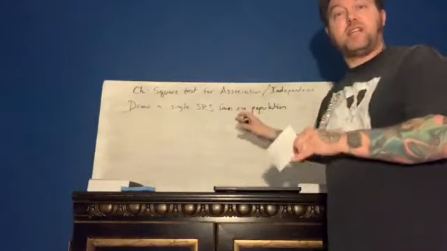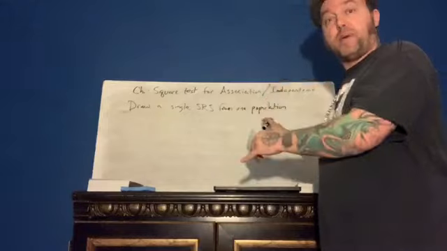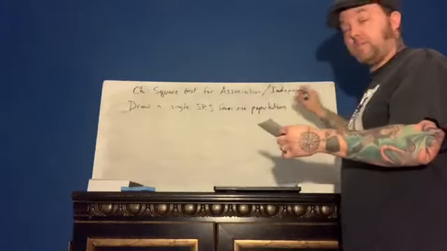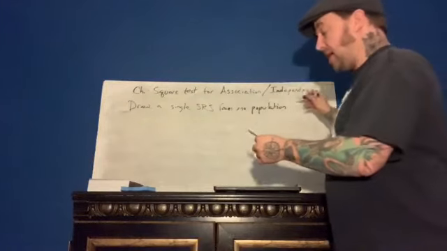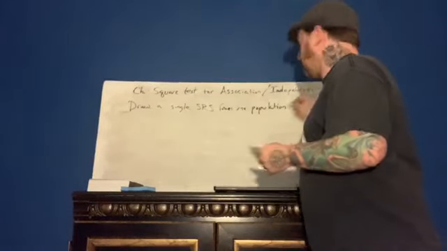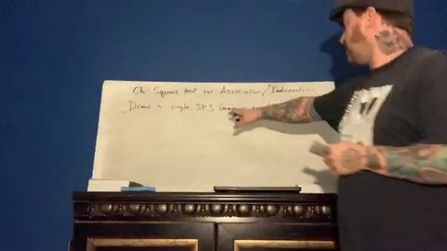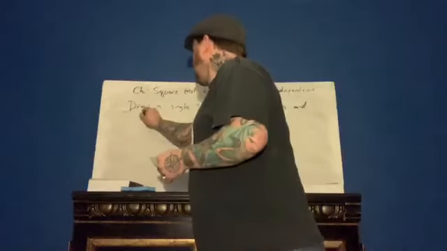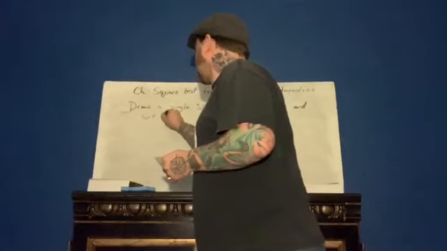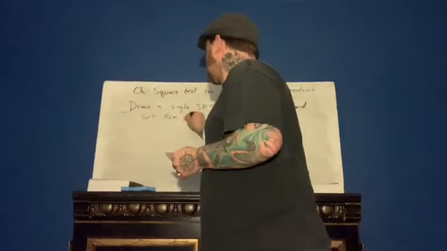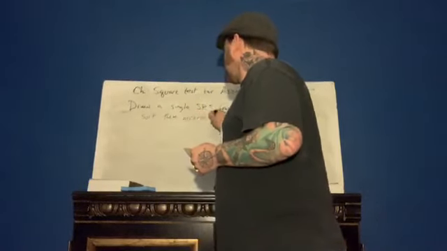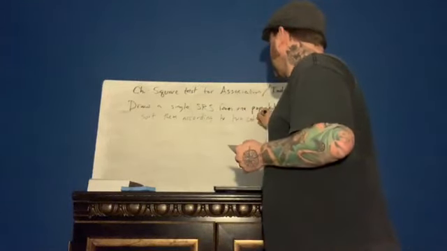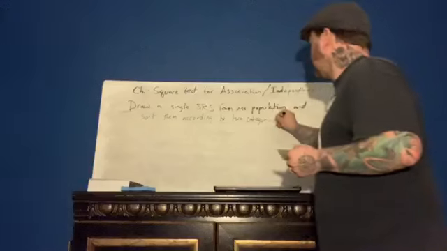So instead of testing to see are several populations the same, we're taking one single population, so draw a single SRS from one population and sort them according to two categorical variables.